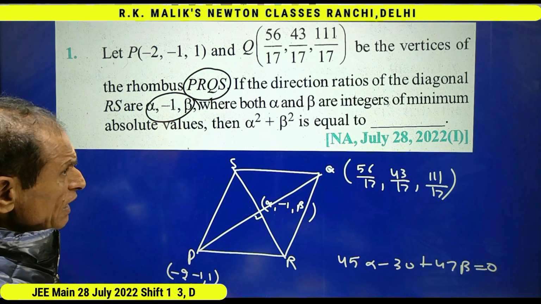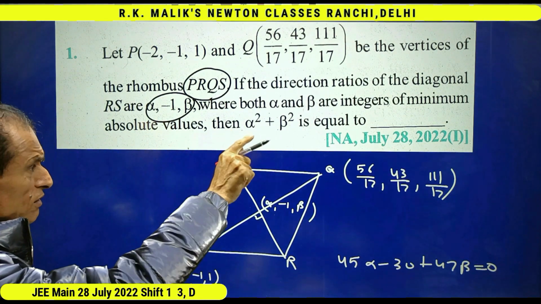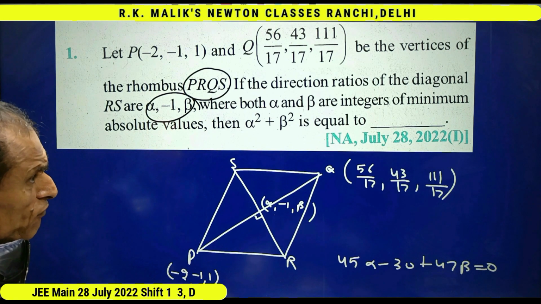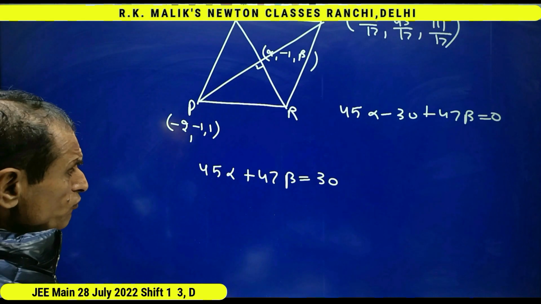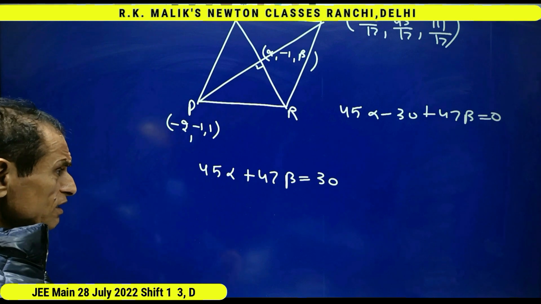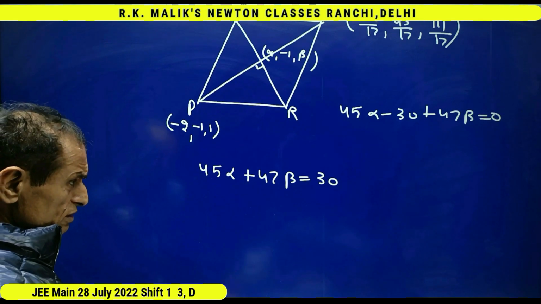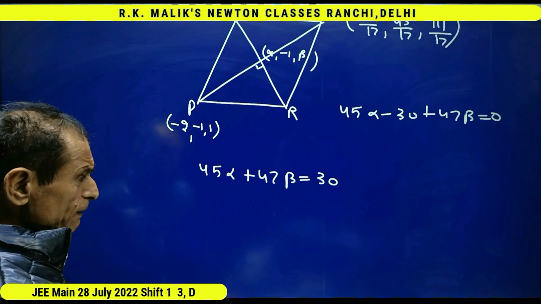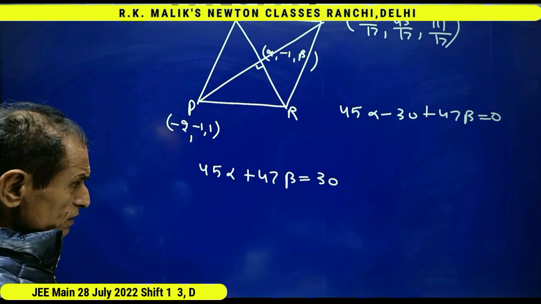And he is saying alpha and beta are integers of minimum absolute value, then find alpha square plus beta square. First of all, I will find the integral solutions of this equation, and then I will choose the minimum absolute values of alpha and beta.